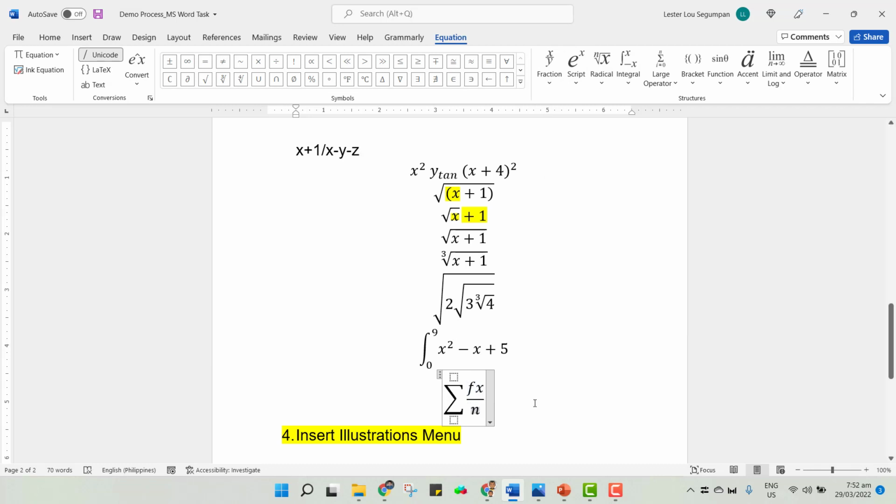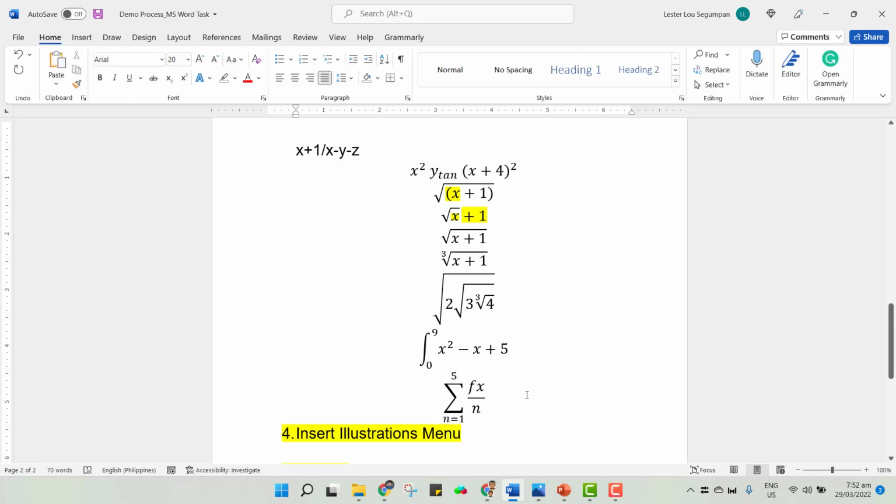Summation of fx over n. Okay. So you can start here where n starts at 1 or 0, or 1 to 5. You can also have that for your summation notation.